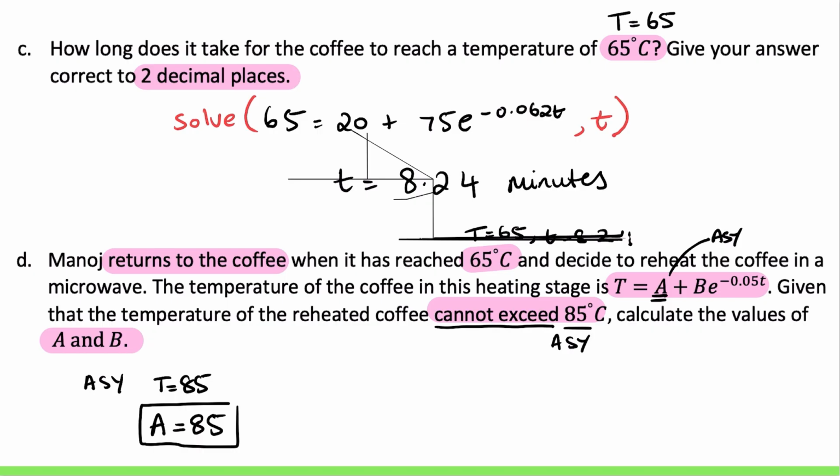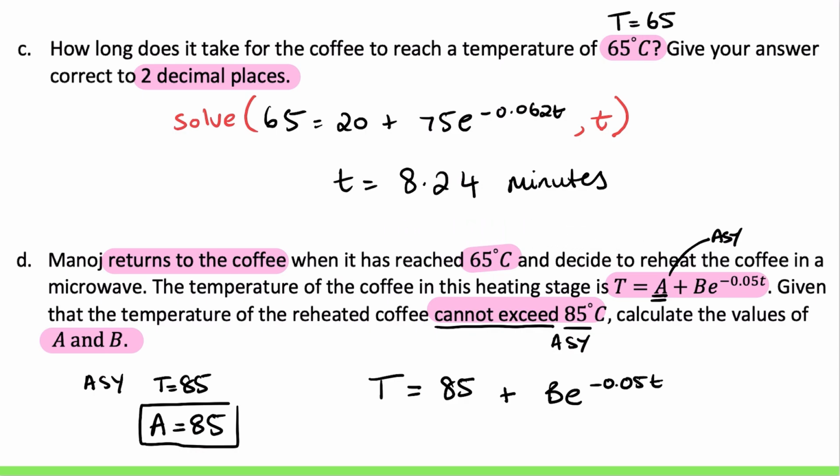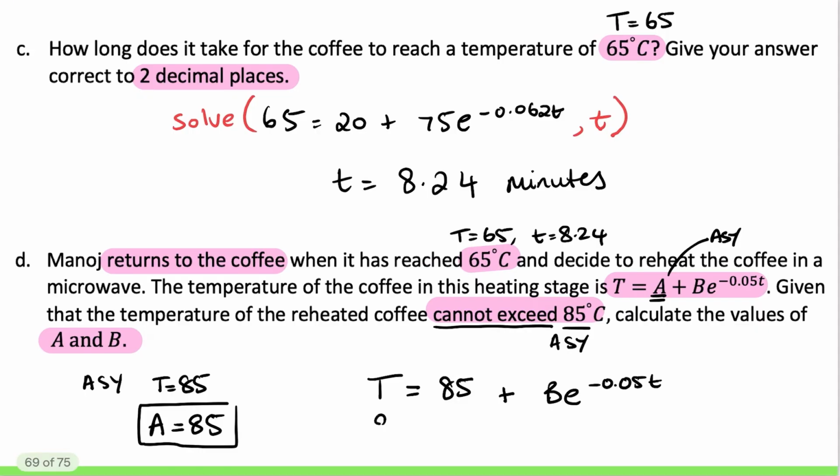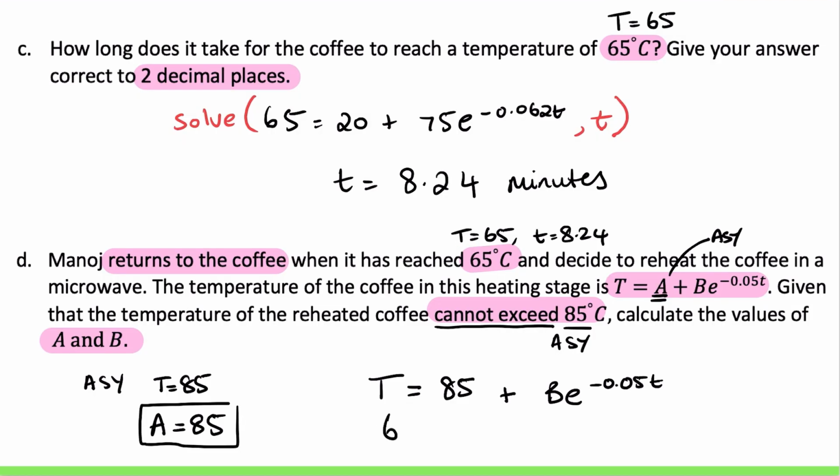A is 85. Now, in order to find our B, we just need to substitute a point that we know, which of course is this there. I didn't realize my pen went a little bit crazy. I need to buy a new one, my apologies. Capital T is 65, little t is 8.24. When capital T is 65, we know that little t is 8.24.